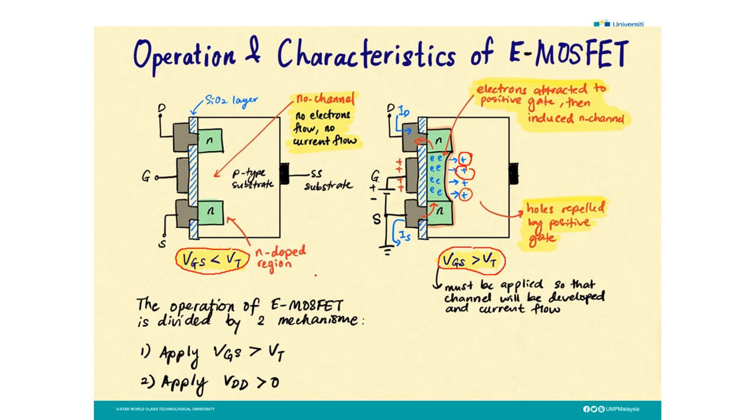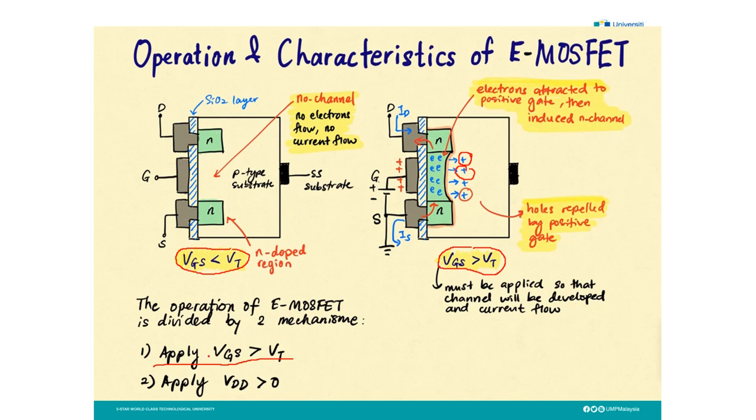Okay, so definitely the operation of the E MOSFET, again I will explain in two mechanisms. The first one is by applying VGS greater than VT. It is a must, okay. And then the second one is to apply VDD greater than 0.